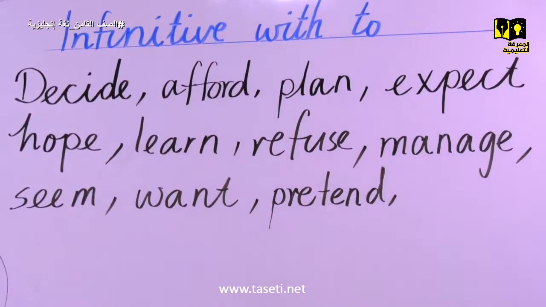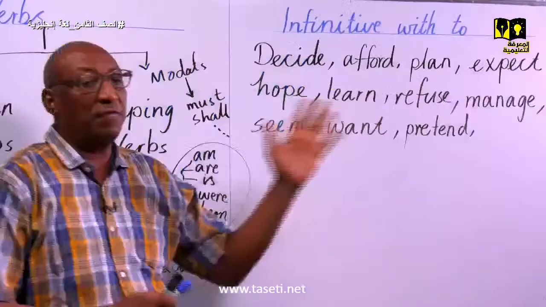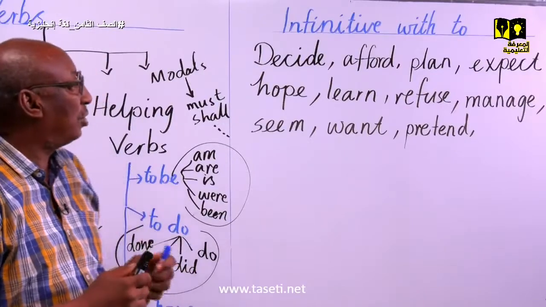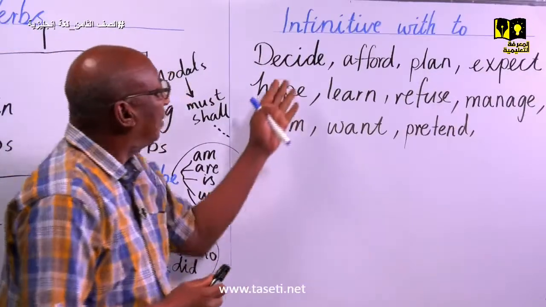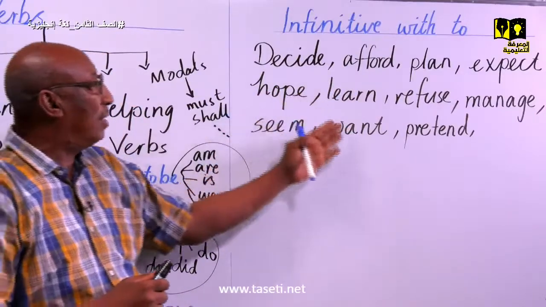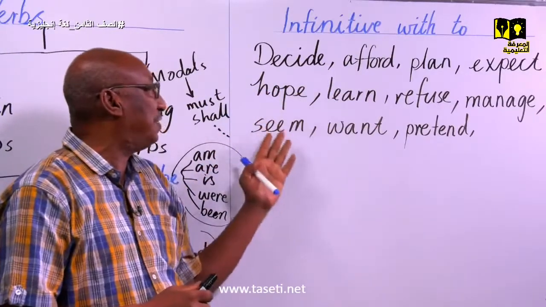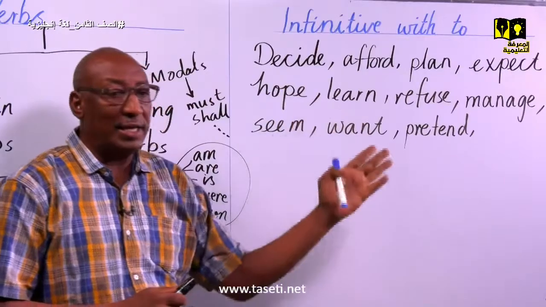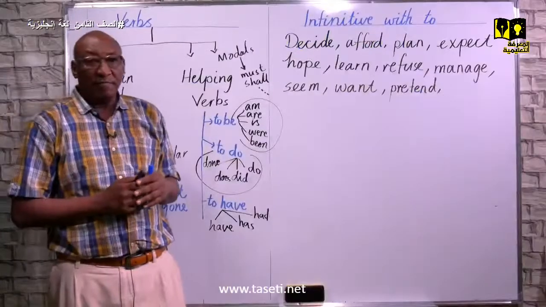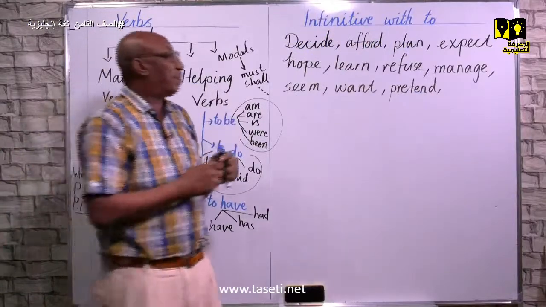There are so many verbs that are followed by the infinitive with to. We have also afford and decide, plan, expect, hope, learn, refuse, manage, seem, want, pretend. And also we have promise to.